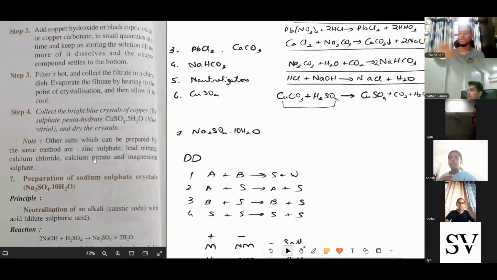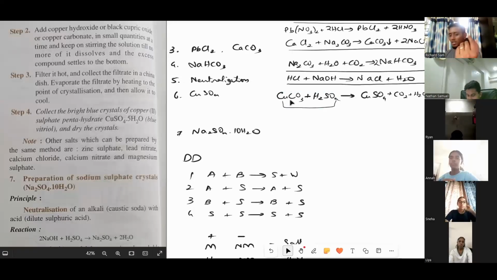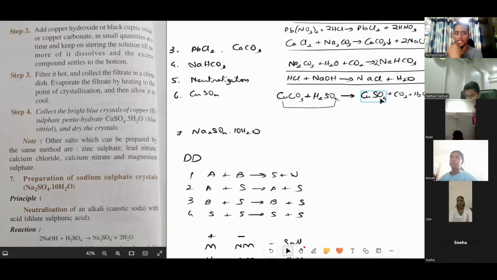And then you add copper oxide, copper hydroxide, or copper carbonate, little by little, and keep stirring it. As you keep stirring, it will dissolve in it, and when it dissolves, it produces copper sulfate. Once no more of the salt that you're adding is dissolving, you stop the reaction.